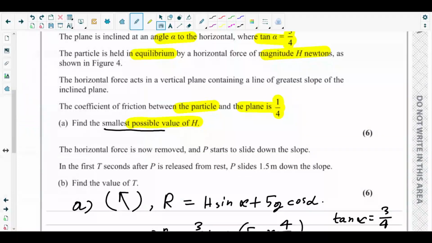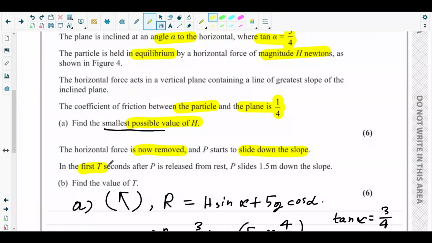Okay. Next is part B. The horizontal force H is now removed, and P starts to slide down the slope. As the horizontal force H is removed, the particle P has a resultant force in the downward direction, so it will now be sliding down the slope.